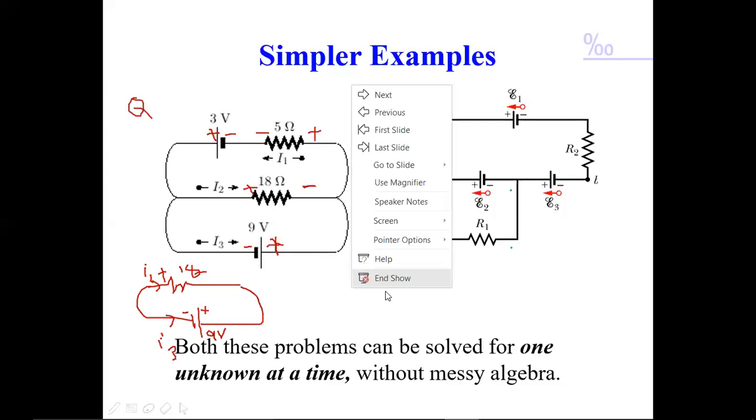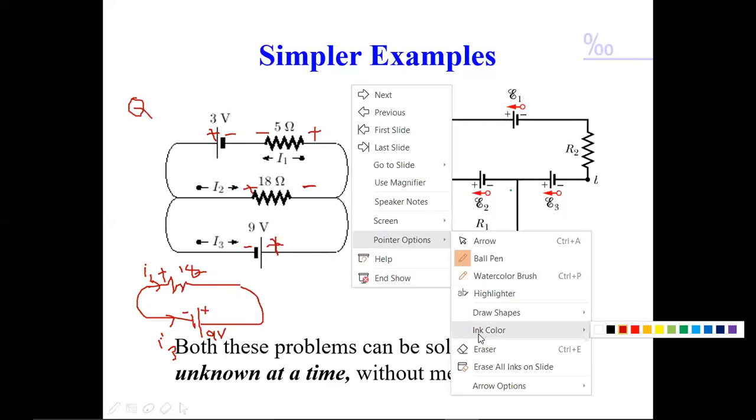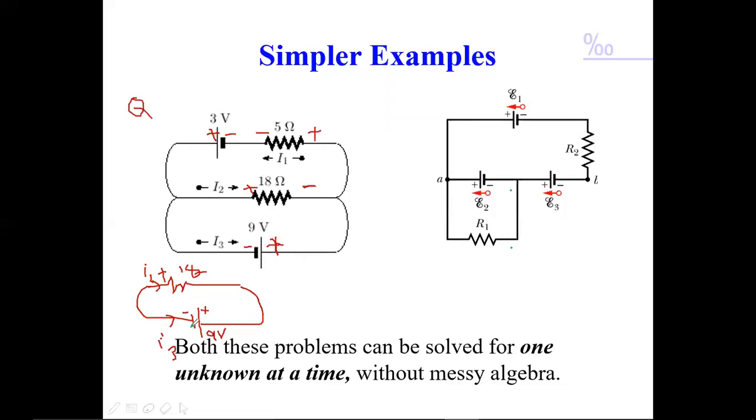Now you need to use clockwise direction for writing the loop equation for this. Right. Now I am writing the loop equation for this particular loop only, the downside of this circuit.